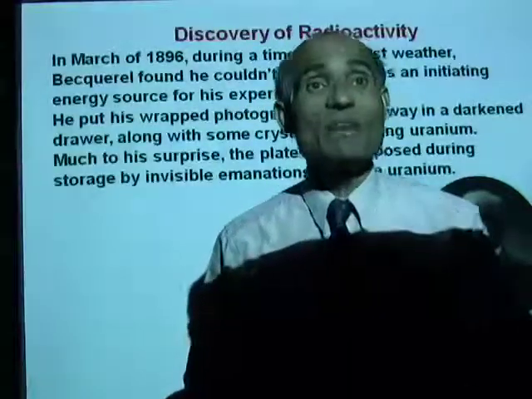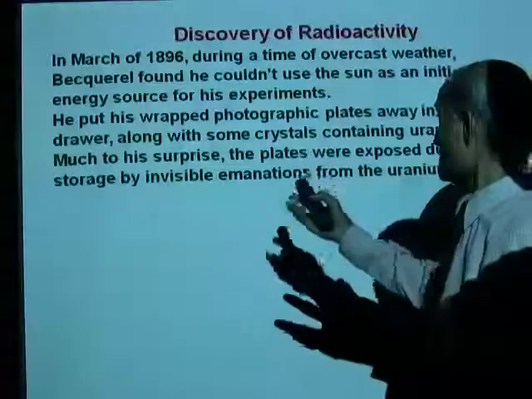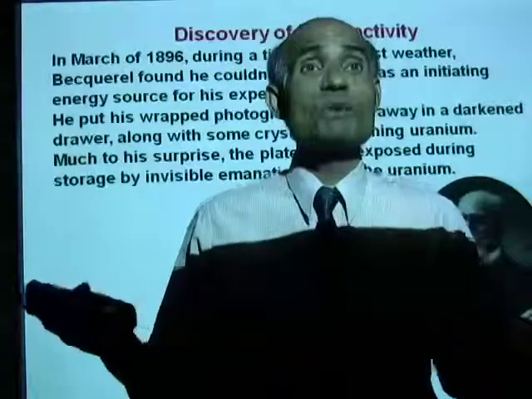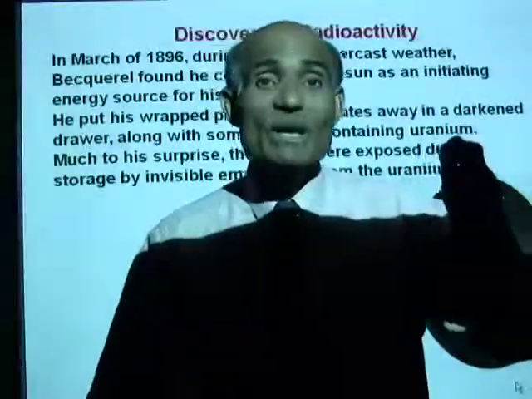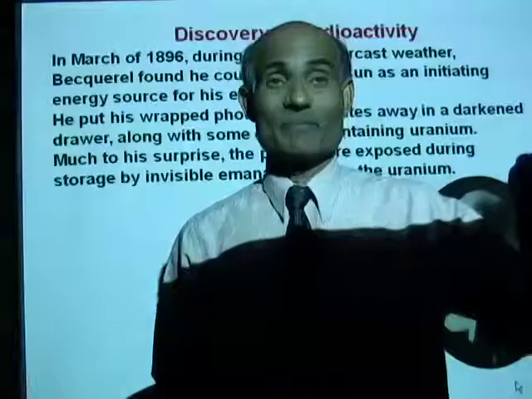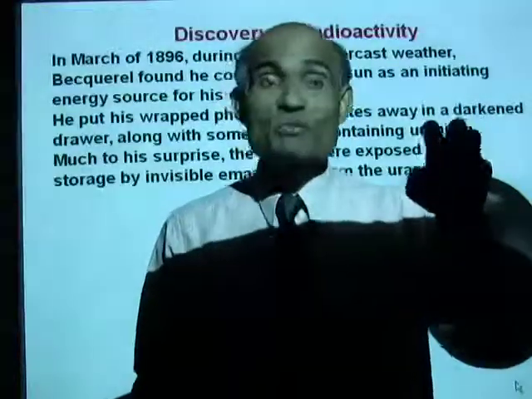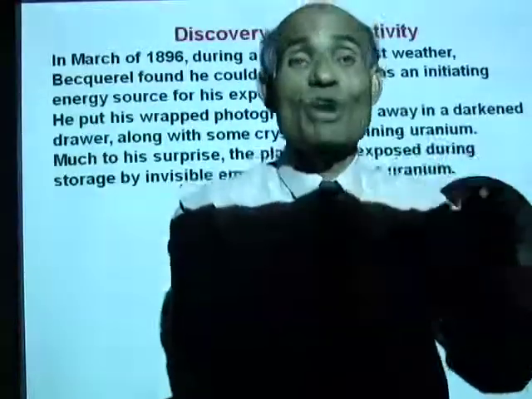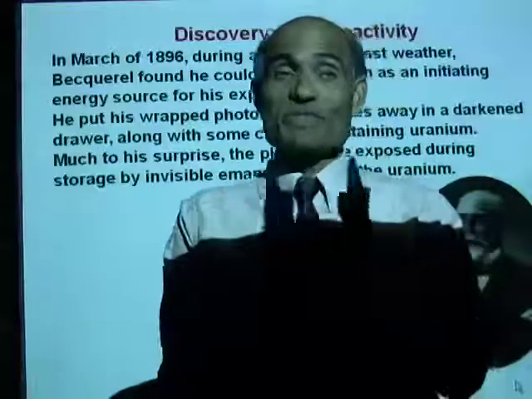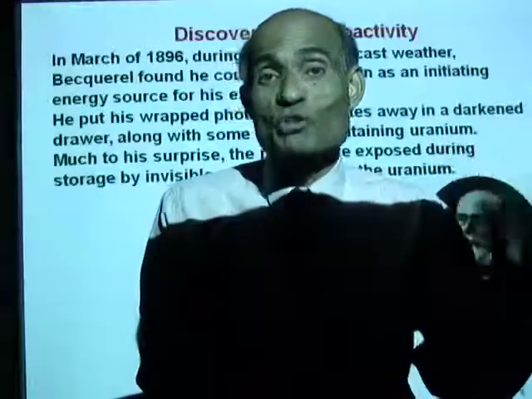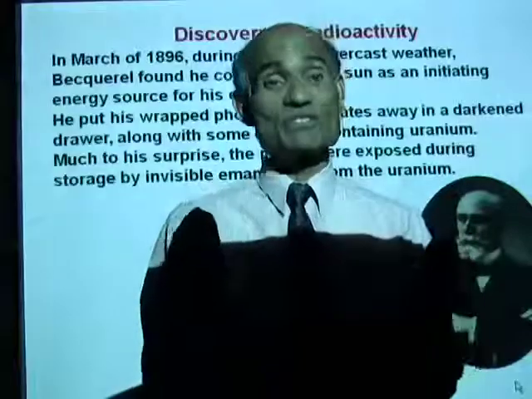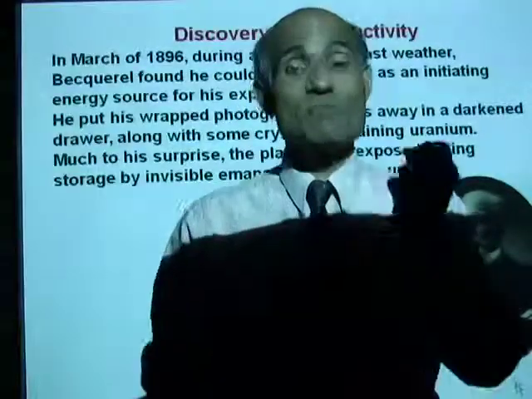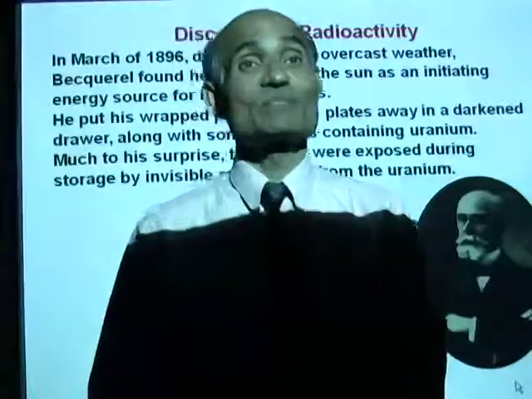Now, when he developed the photographic plates, much to his surprise, it was noticed that the photographic plates were exposed. These plates were kept away in a dark corner. Now, if these plates were exposed, that means some radiation must have fallen on them. If some radiation has fallen on these photographic plates, where did these radiations come from? The only source for these radiations is this uranium salt.